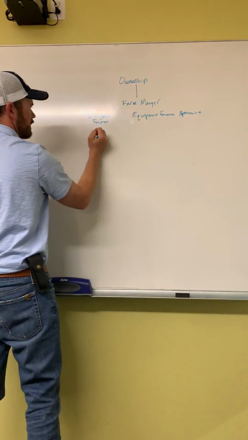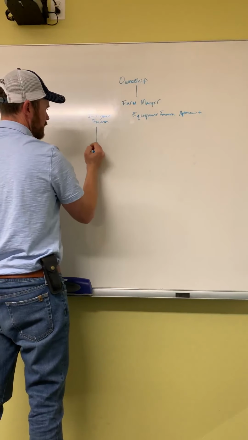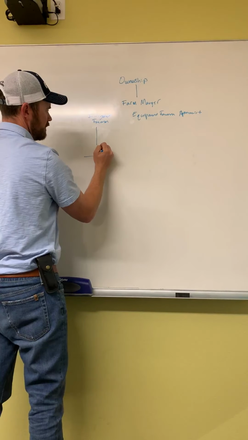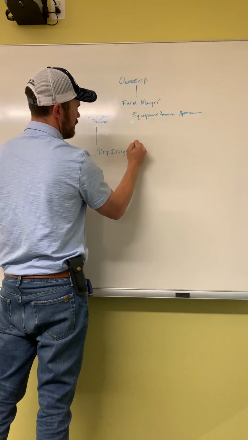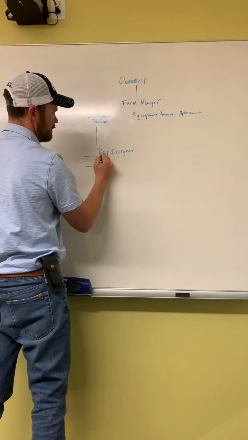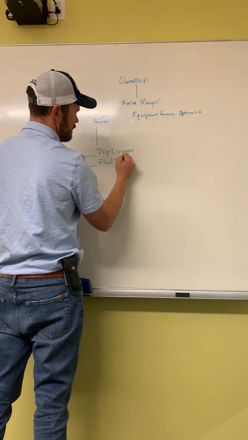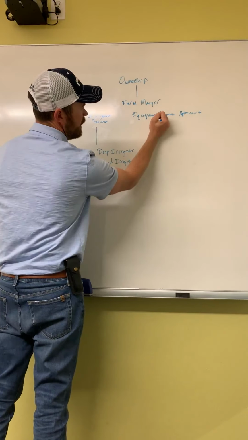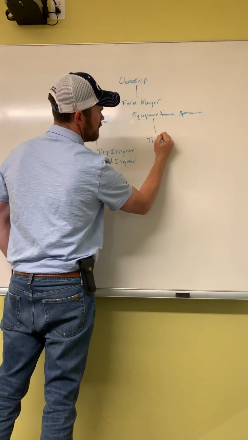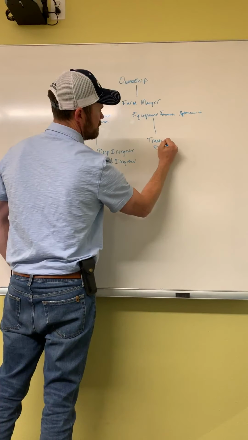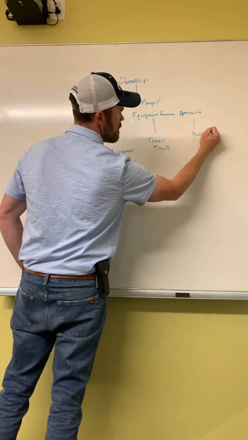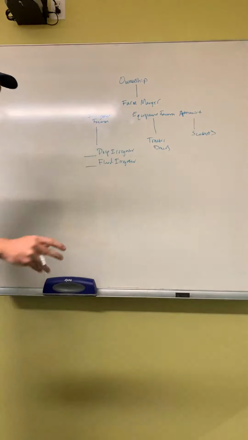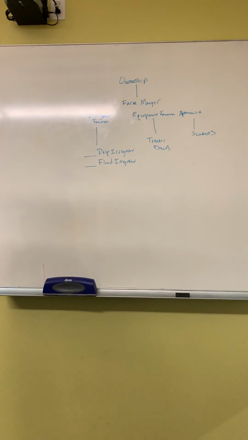And then underneath the irrigation foreman, he's going to have X number of drip irrigators. And then he'll have X number of flood irrigators. Your equipment foreman is going to have tractor drivers. And your agronomist is going to have some scouts. Very basic, very simple way of looking at an organizational chart.